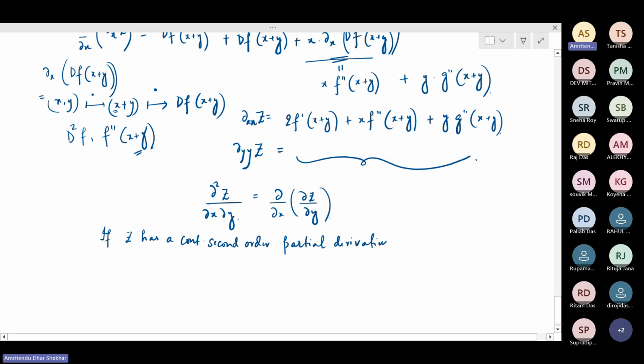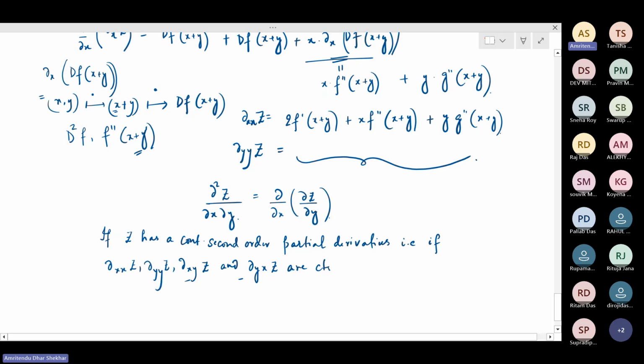that is, if del xy of z and del yx of z are continuous, and not just these terms, also del xx of z and del yy of z.